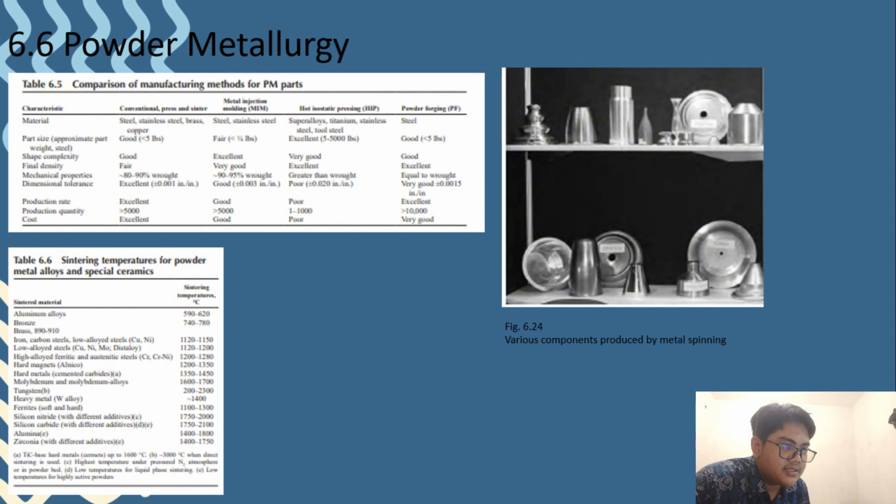Particle size, compact porosity, and the powder type also influence sintering practice, in table 6.6. Powders: iron powders constitute the largest share, where over 80% of iron powder is used for PM parts.